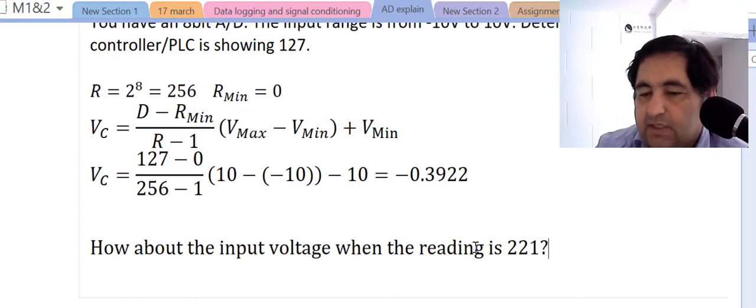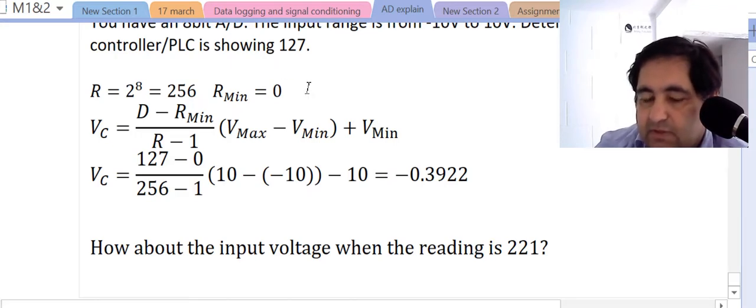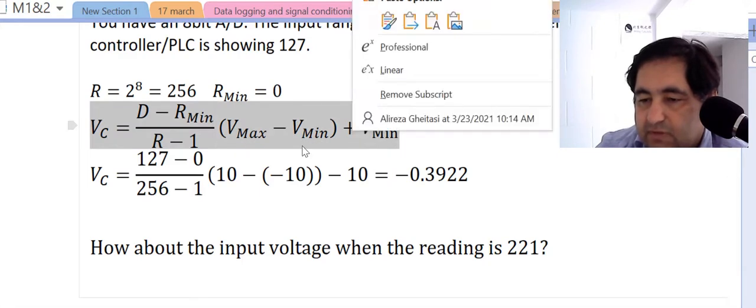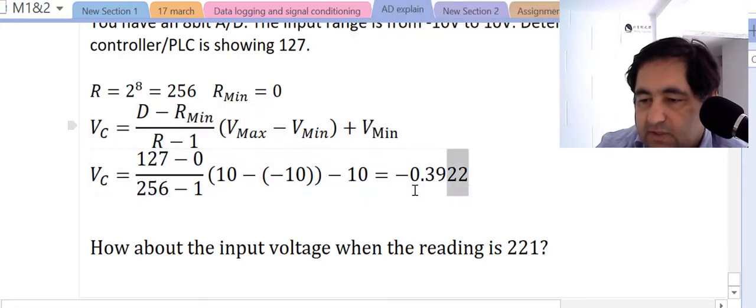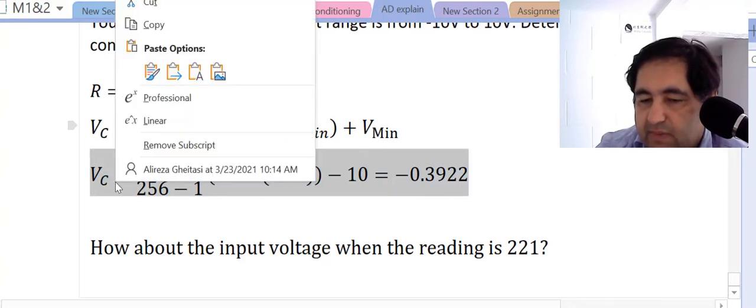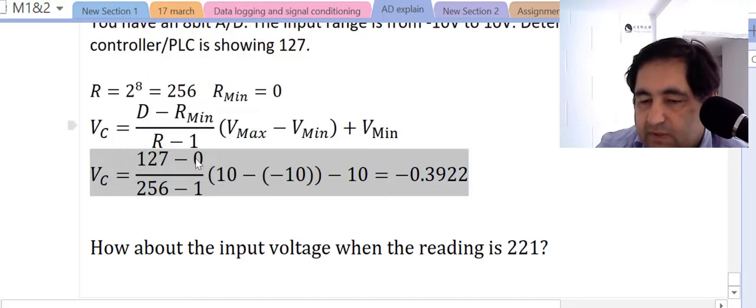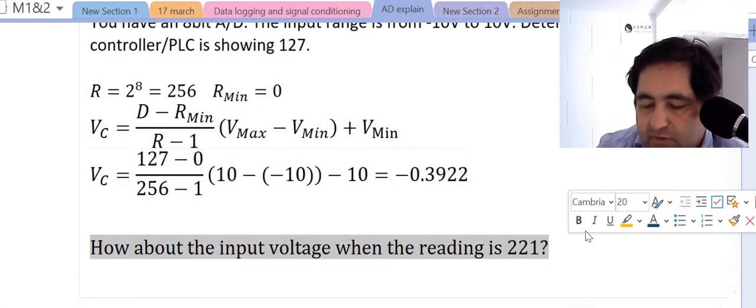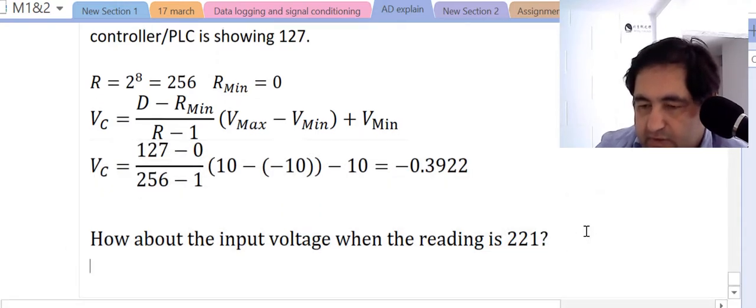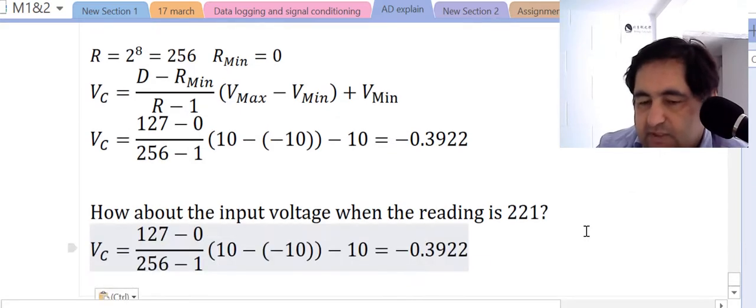so I wanted to see what's going to happen if I have 221 and how much the value is going to be. So again, I make use of this formula. In fact, I can use this formula because everything is the same. What is different? Only the value here. So the 221 that I mentioned, I put that here, and I go for 221 minus 0.